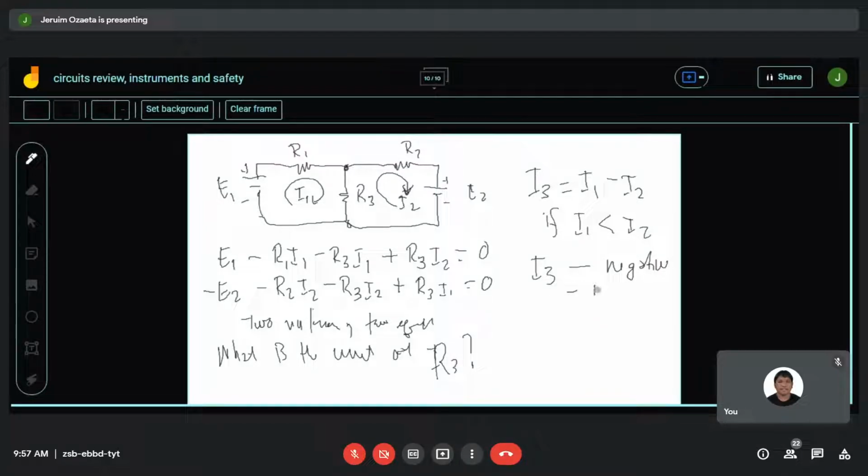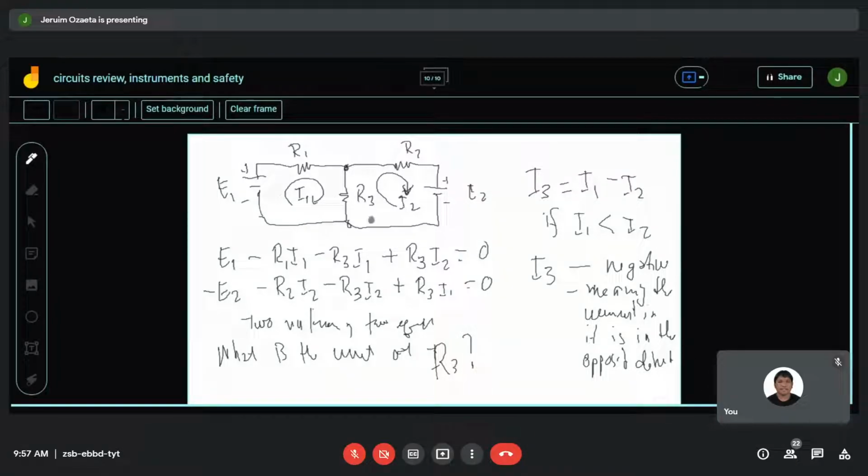Meaning, the current in it is in the opposite direction. How will it be?